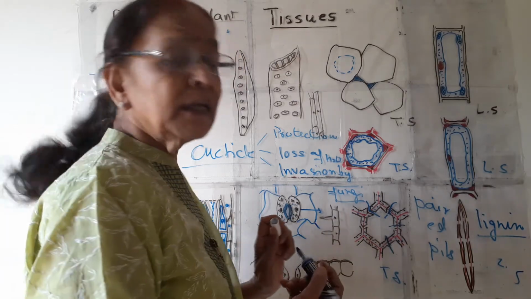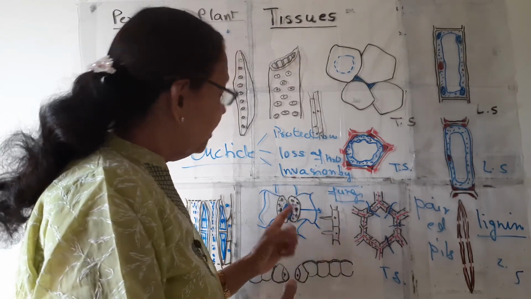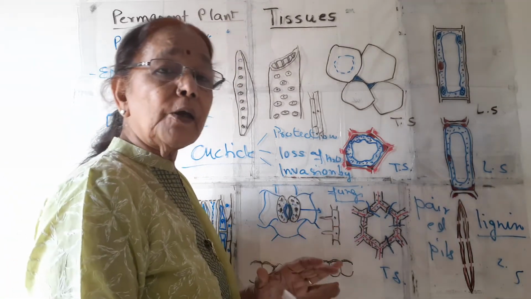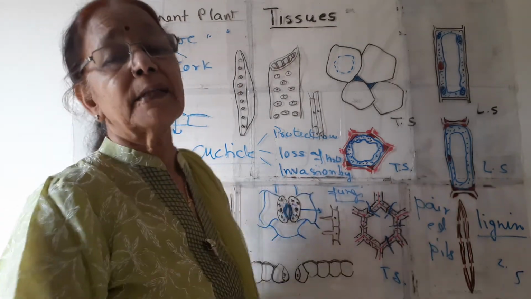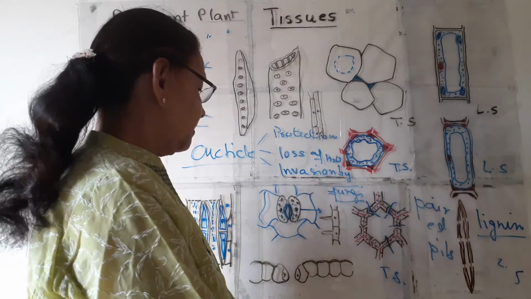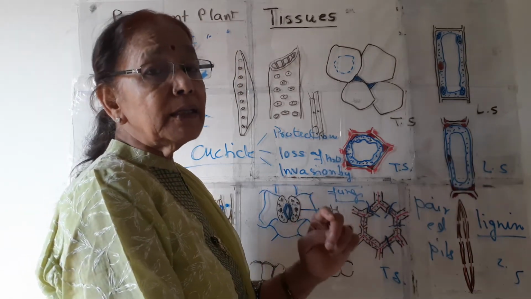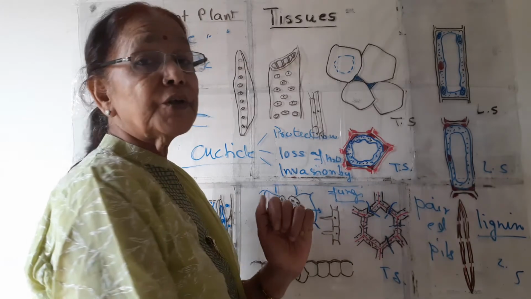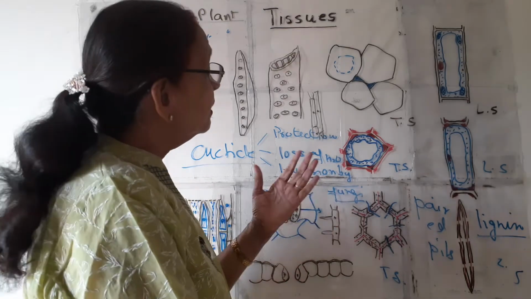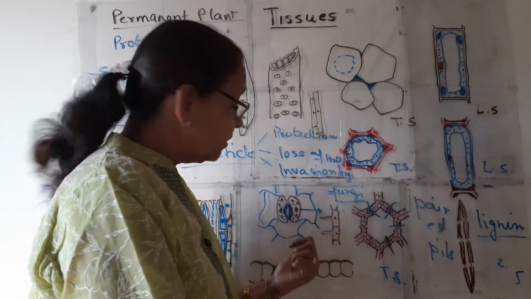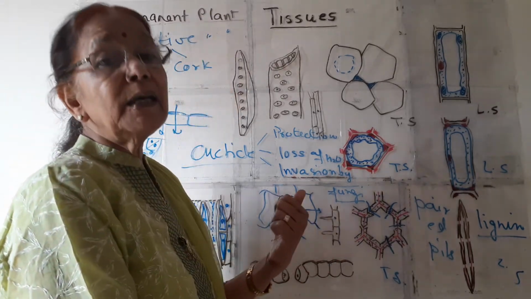So this is stomata. It has two main functions to do. One, exchange of gases. The gases, carbon dioxide and oxygen, are exchanged through stomata for photosynthesis and for respiration in plants. The second most important function is transpiration. Transpiration is loss of water vapor from the stomata. So the excess water present inside the leaf comes out in the form of vapor from these stomata.